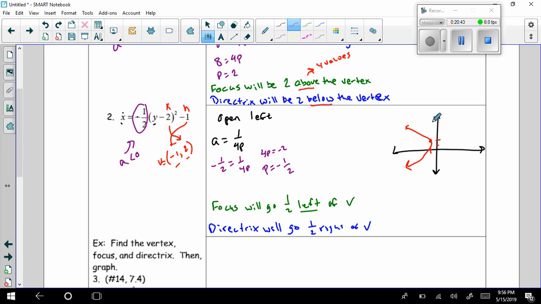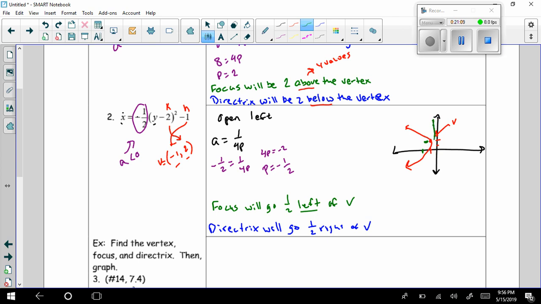Do your best, please. And so, again, that's your vertex. So we're going to go for our focus 1/2 away. So if that's at -1, that's -2. We don't want to go all the way to -2. So there's our focus. And then our directrix, same thing.